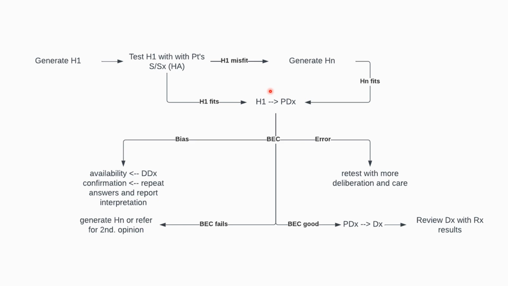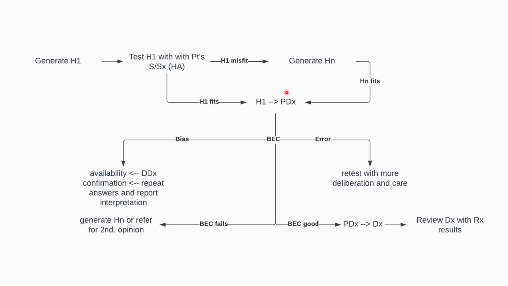Although you might want to think about errors here. So if this wasn't done through differential diagnosis, or H1 was the first one that you came to and it's correct, the more hypotheses you go through, the less likely there is to be bias and error.